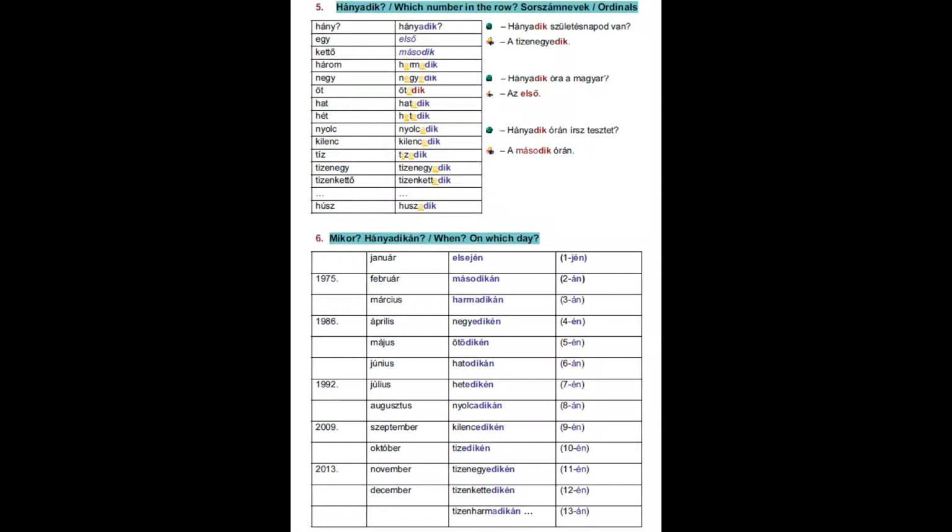First is első. Első is first. So, a 11. Say that with me, read it. A 11. So, hányadik születésnapod van? Which in the series of numbers, in the row of numbers, of all of the numbers that we count in a row.